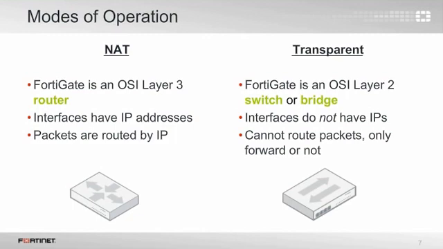Each of its logical network interfaces has an IP address. In transparent mode, FortiGate forwards packets at layer 2, like a switch. So, except for the management interface, its interfaces have no IP address. Interfaces can be exceptions to the router versus switch operation mode on an individual basis, however. We'll show these later.